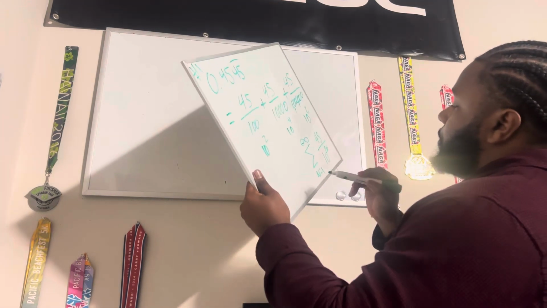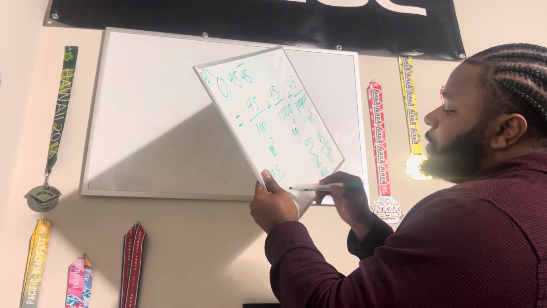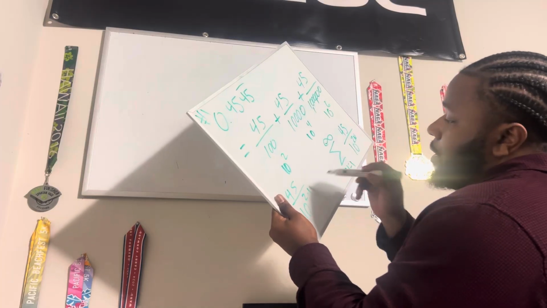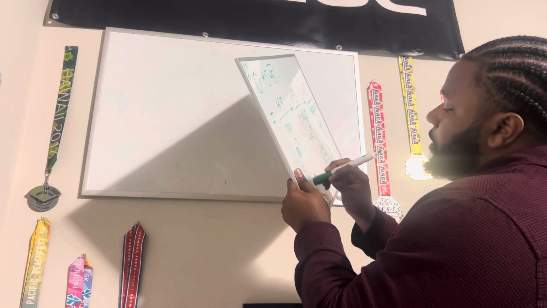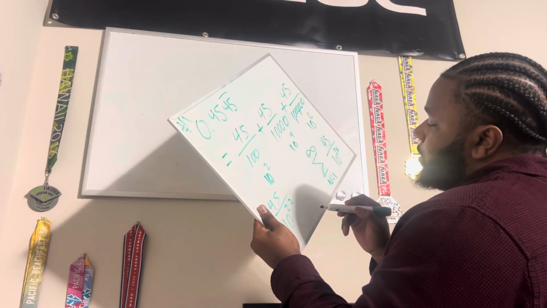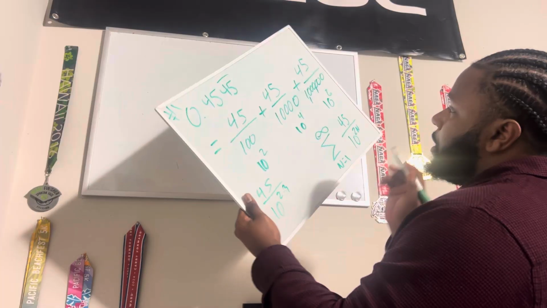So you put this in, it'll be 45 over 10 to the 2 times 1, and as we get the first one, the same thing times 2 gets you 4, just 10,000, and then the 6 is going to be times 3.